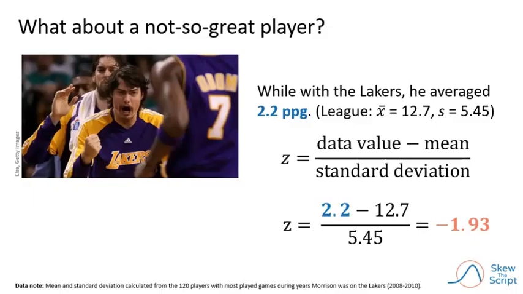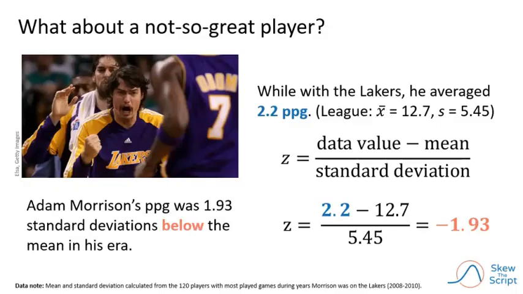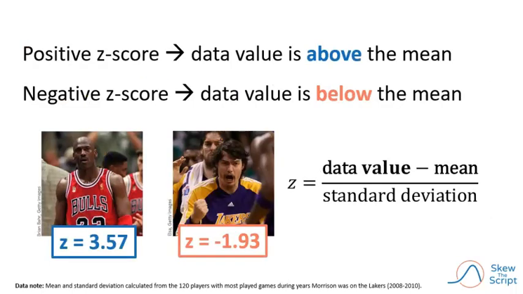That means he's scoring below the league average, not significantly below because it's not 2 standard deviations below, but still below the league average there. All right, so z-scores can be positive, above the mean, or negative, below the mean.